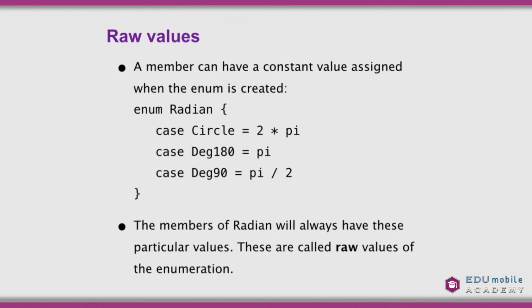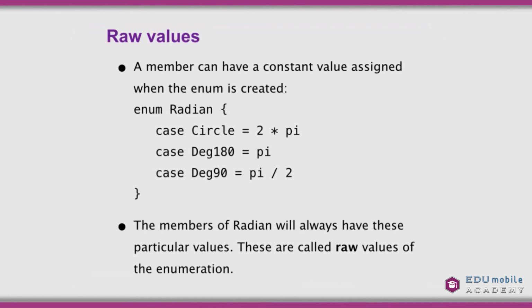The radian measure for a full circle is 2 times pi. For 180 degrees it is pi, and for 90 degrees it is pi over 2. So 2 times pi, pi, and pi over 2 are raw values that we have assigned to circle, deg180, and deg90.